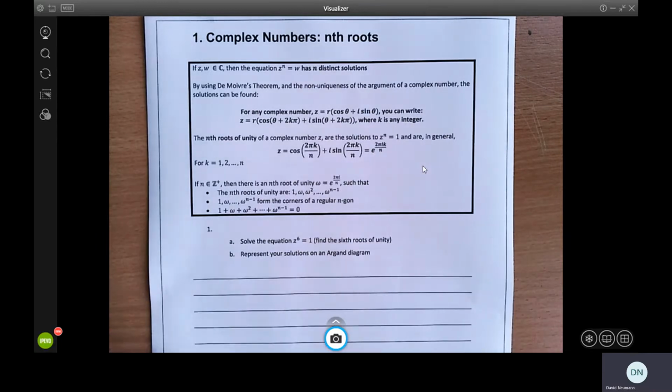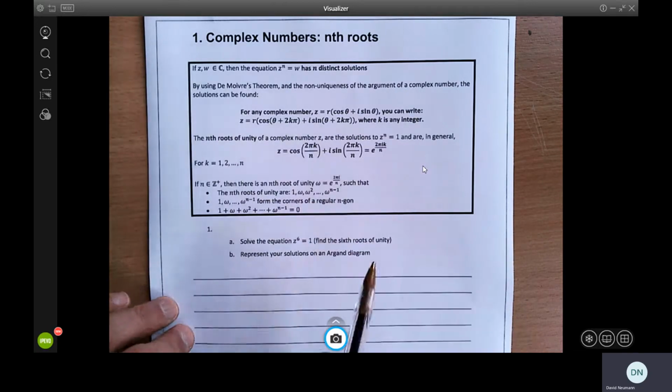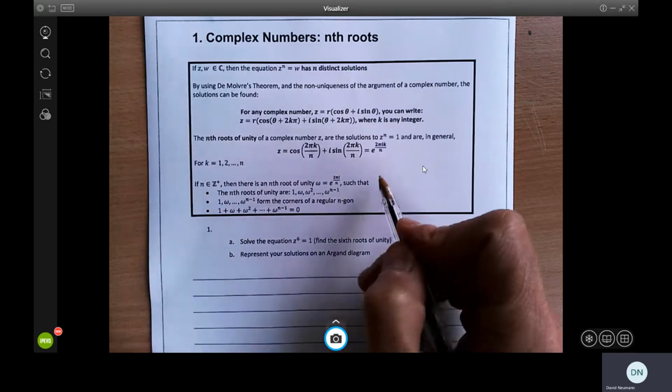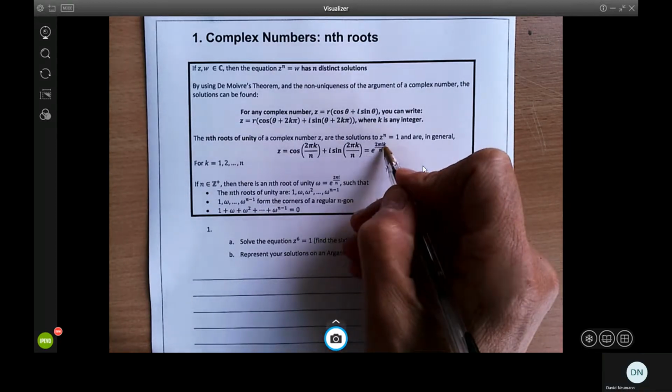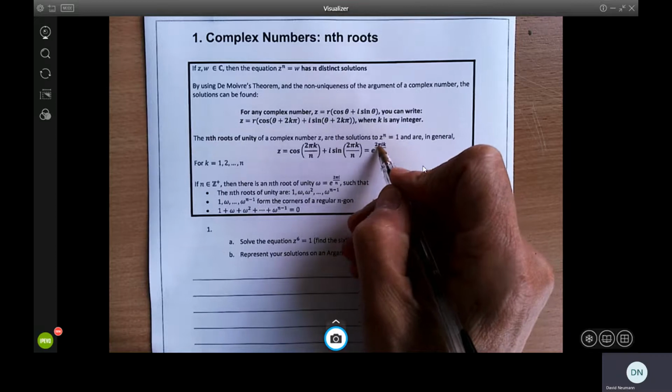So what's going to happen is that these nth roots of 1, or nth roots of unity, which is the more old-fashioned way of saying that, are spread out around the origin on the Argand diagram at regular intervals, with the angle between them being 2 pi over n.